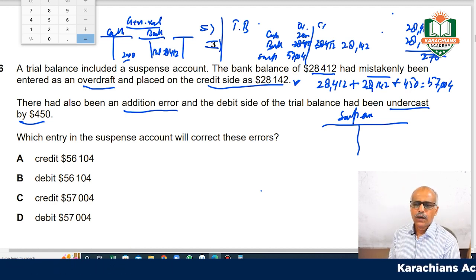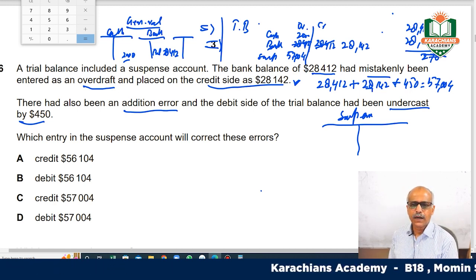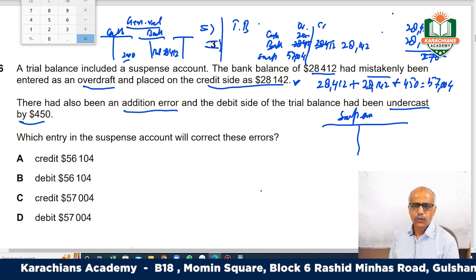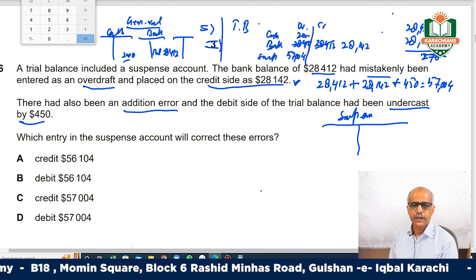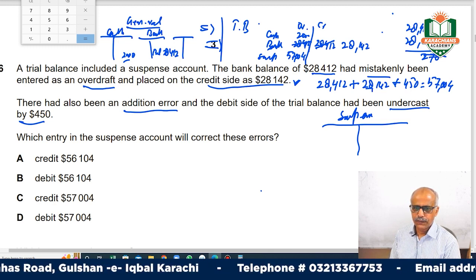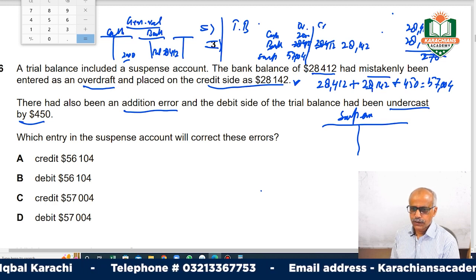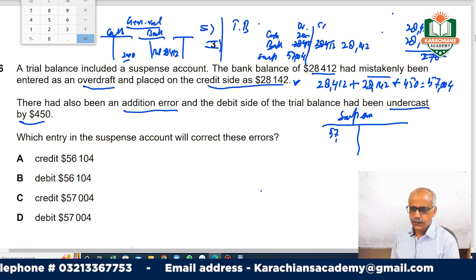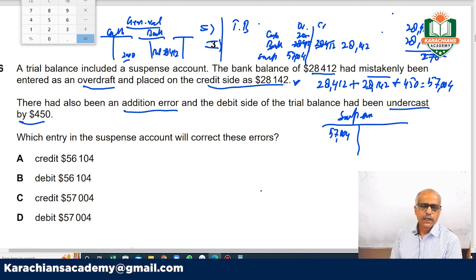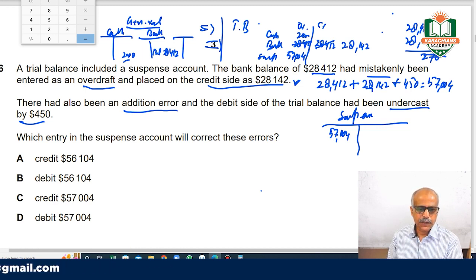And after that you started digging out what was the reason and what mistakes and errors had taken place here. So you put 57,004 in the suspense account. Which entry in the suspense account will correct the errors?